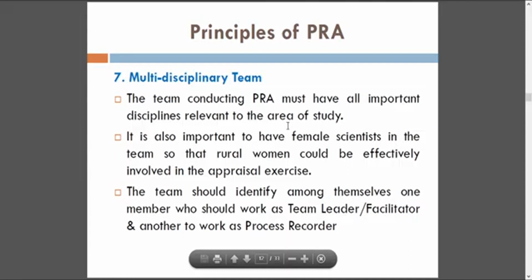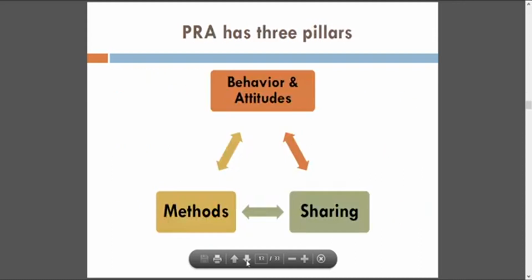Also ensure that on your team you have both female and male scientists, to make both groups of people comfortable with you. Then you should also identify among your team a team leader or facilitator and someone to record the process. So that is a principle.